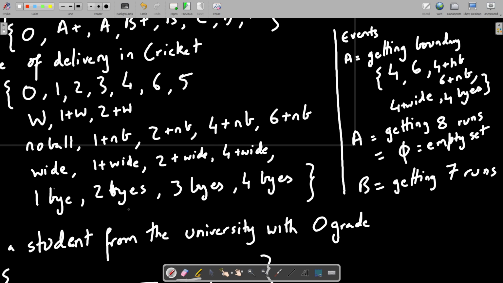Overthrow is counted as runs only, not counted separately. So you ran 1 run and then you got 4 as overthrow. 6 can come as 2 plus 4, that will give you 6 only.